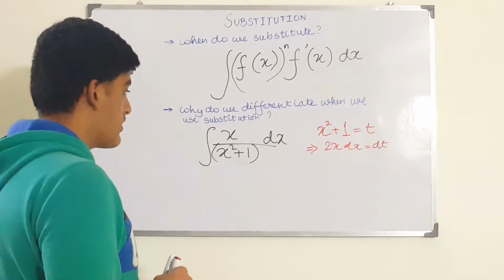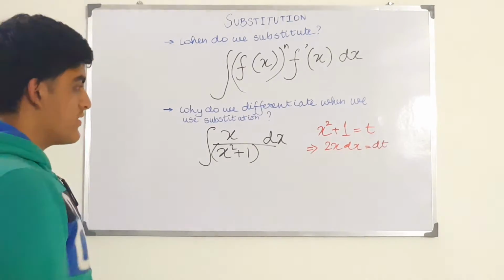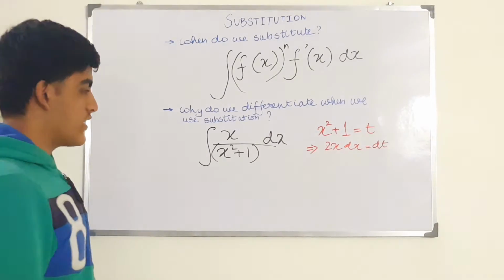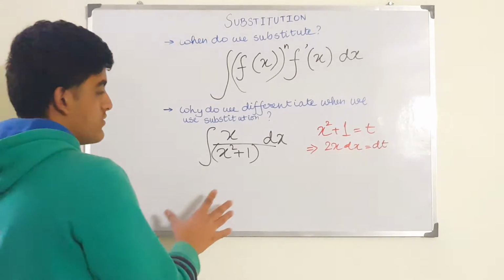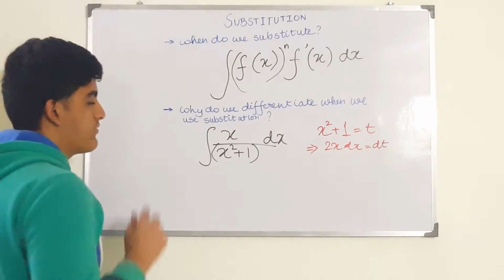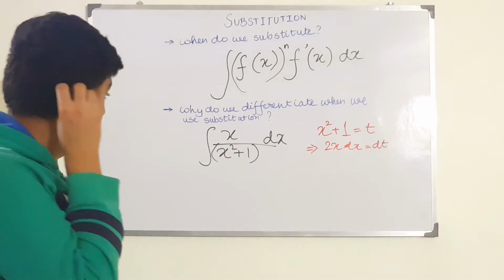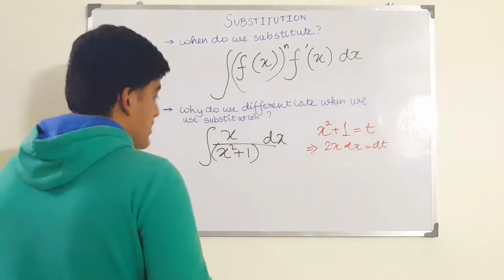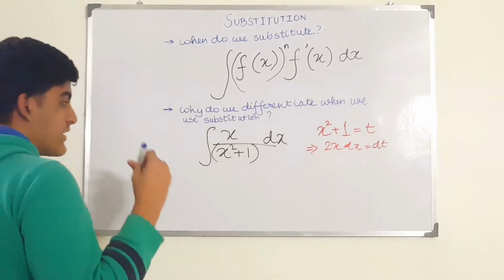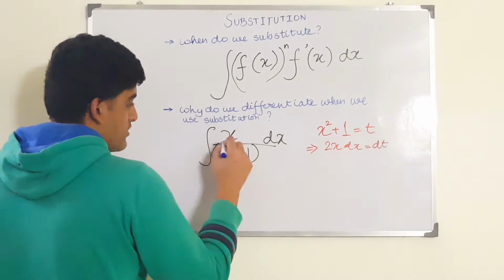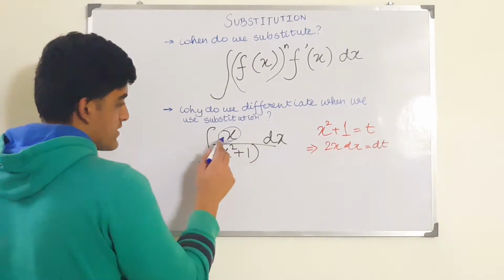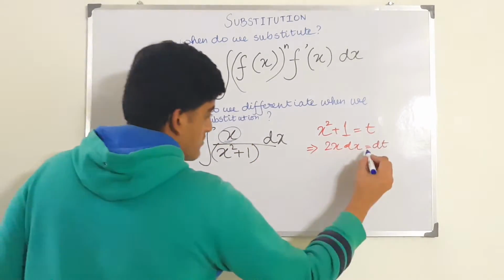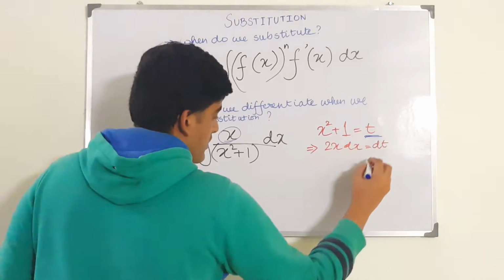You might have a clear idea, from the explanation which I gave you right now, as to why we differentiate when we use substitution. I just differentiated both sides so that I can get the numerator over here, which is x dx, in terms of t.